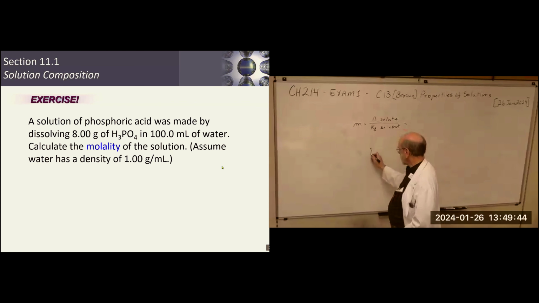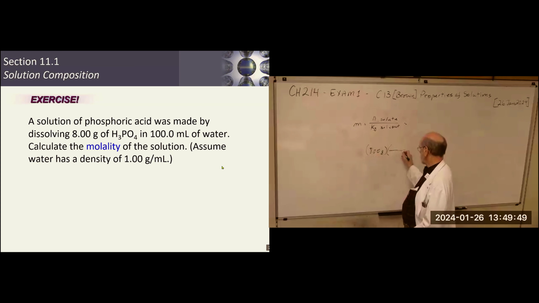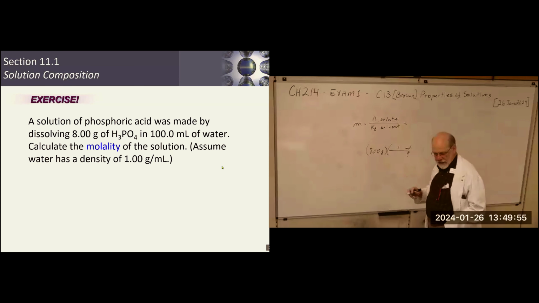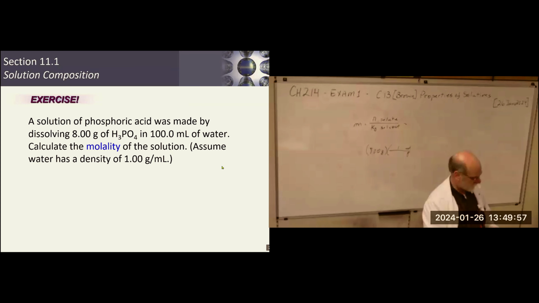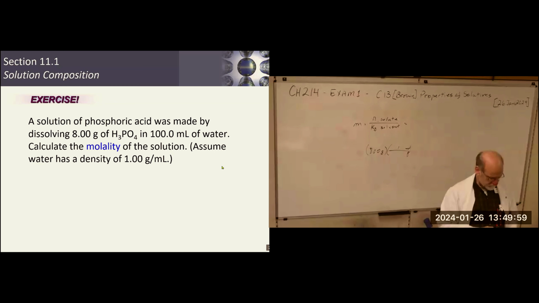Okay. So we got 8 grams of phosphoric acid, and we need grams down here, moles here. So I got to add phosphoric acid again. 3.03. Phosphorus is 32, was it? No, 30.97. Keep saying 32.